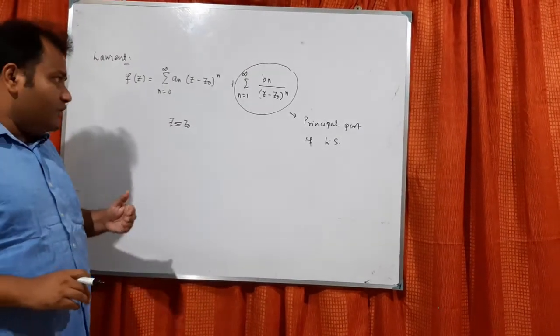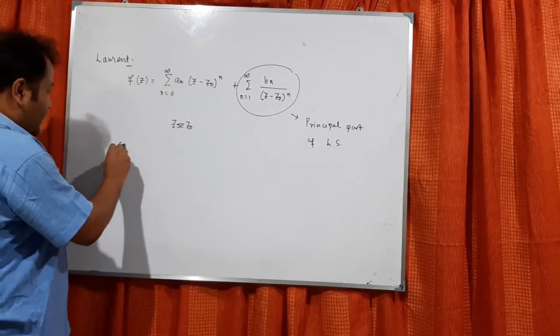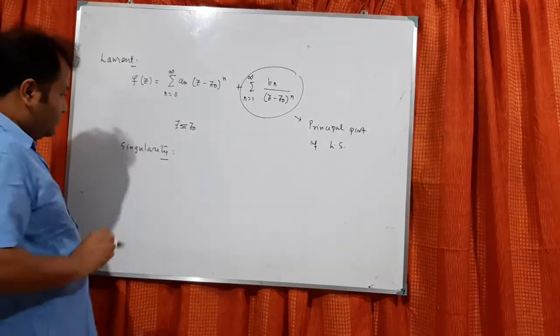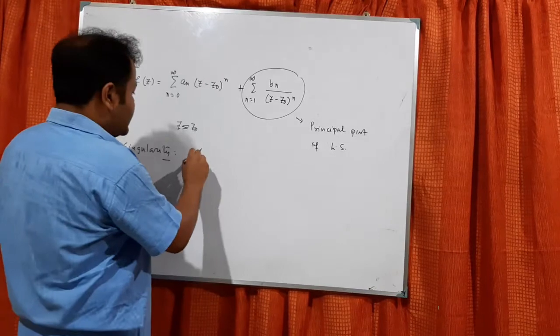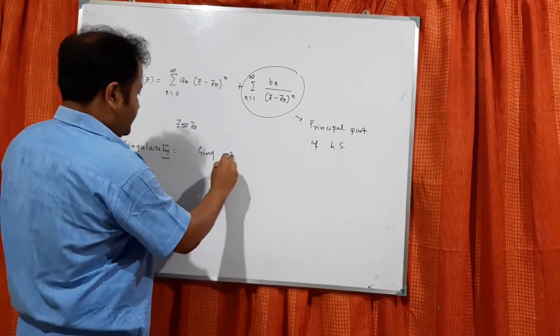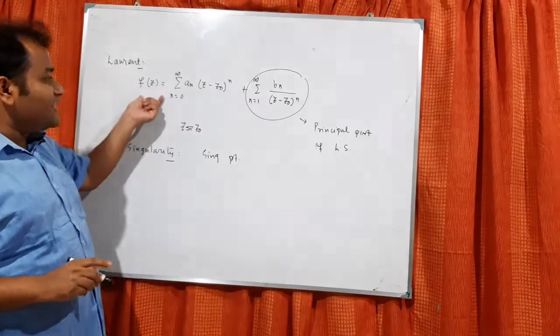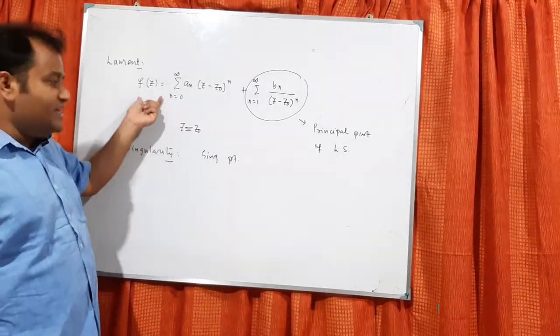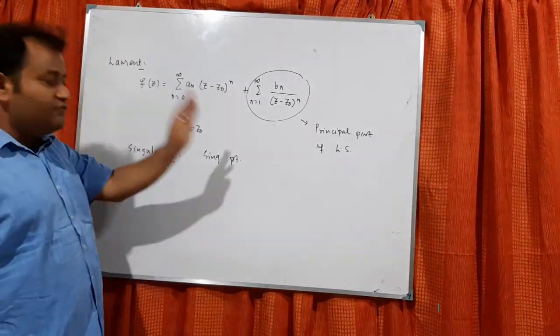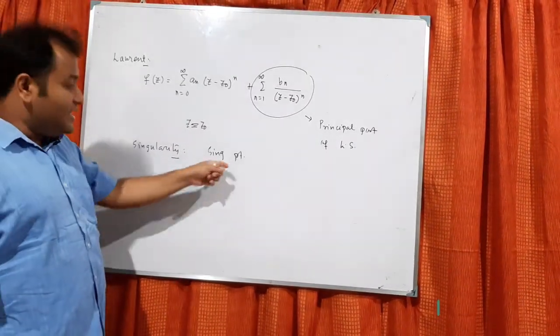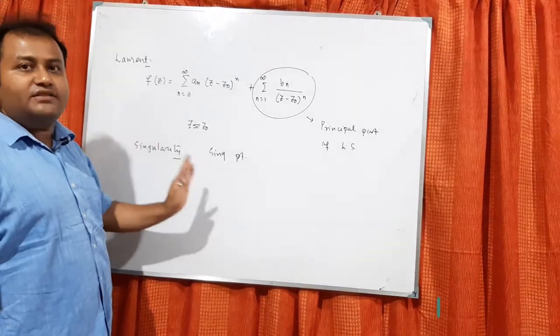Now commonly we will be discussing singularity. So for that you need to know what is a singular point. A singular point is that point where the function is not analytic, that is the function will not be differentiable, but if you take some neighborhood of that point, at some of the points there the function will be differentiable.